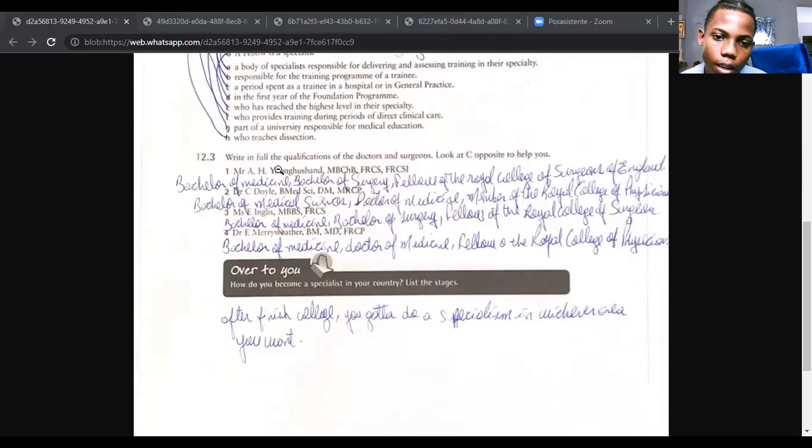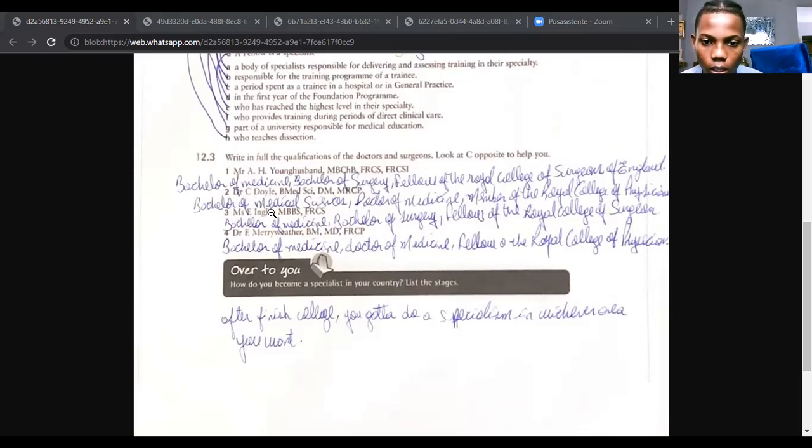12.3. Write in full the qualification of the doctor and surgeon, look at the table opposite to help. Mr. A. H. John Husband, MBChB, FRCS, FRCSI: Bachelor of Medicine, Bachelor of Surgery, Fellow of the Royal College of Surgeons of England.